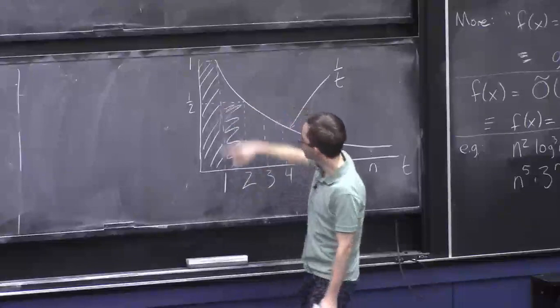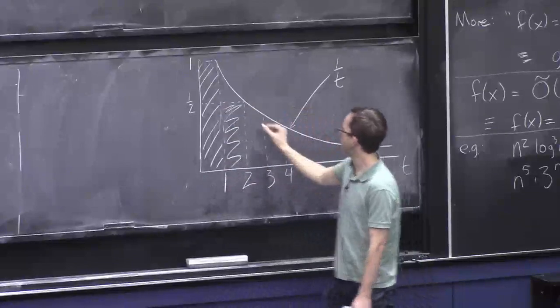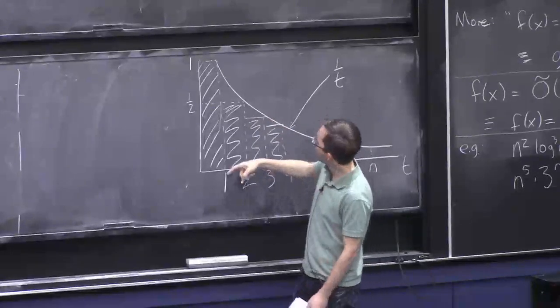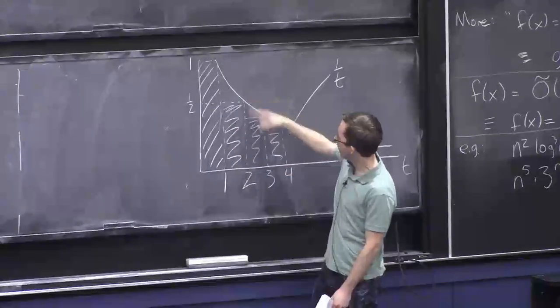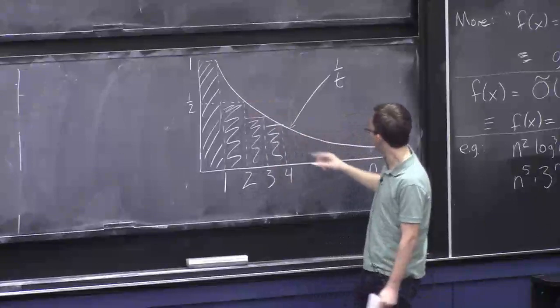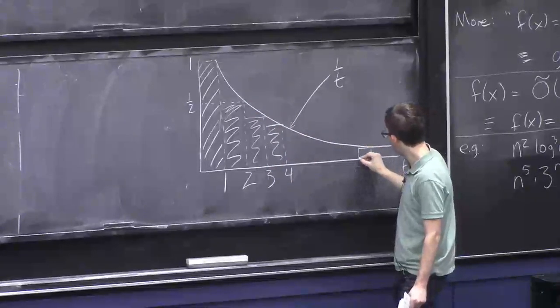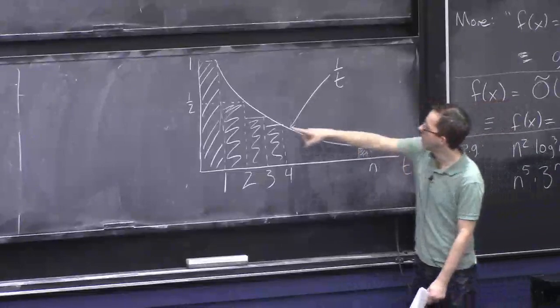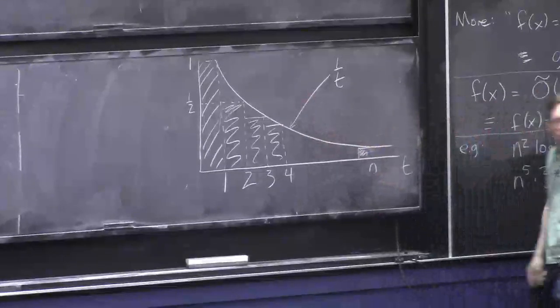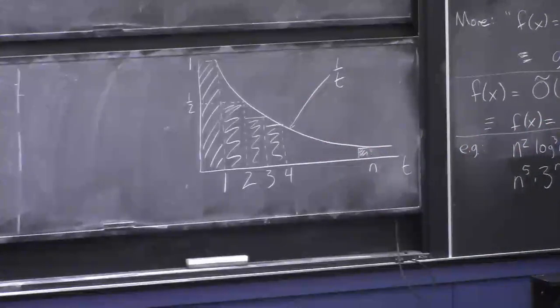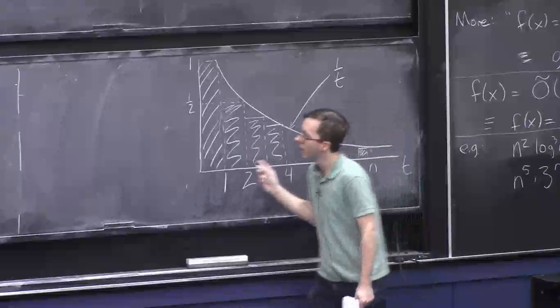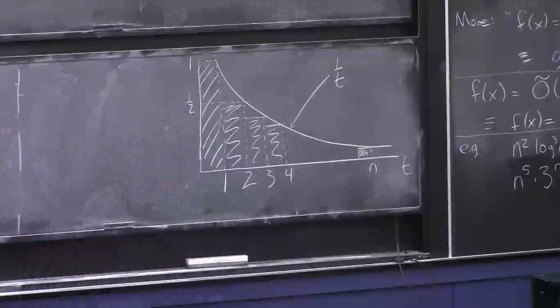All the rectangles I'm going to shade here have a width of 1, and their heights are 1, a half, a third, a quarter, all the way out to 1 over n, because I stopped the rectangle right when it's on the curve. And therefore, the total shaded region, the area of all these rectangles, is exactly H of n.